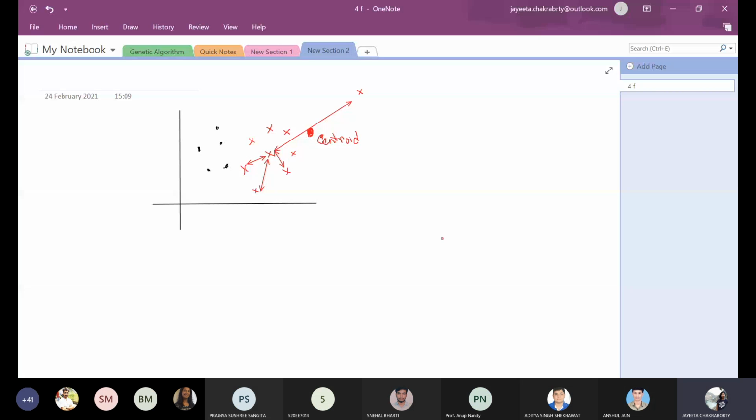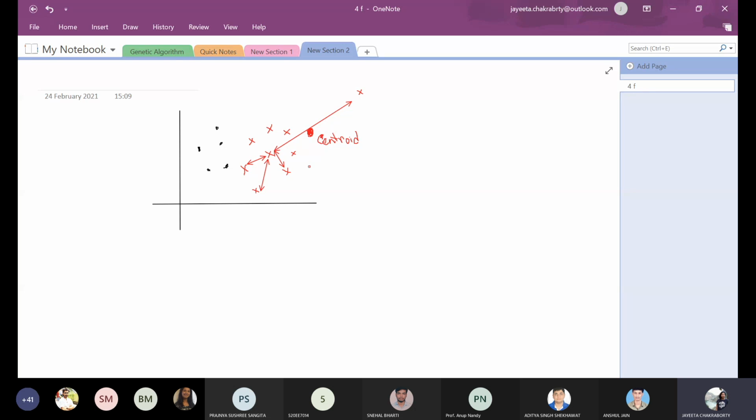This is a small example, not that good. But suppose this is one cluster, and this point is an outlier that belongs to this cluster. Now because of only this point, the centroid will be here if we calculate the k-means clustering.